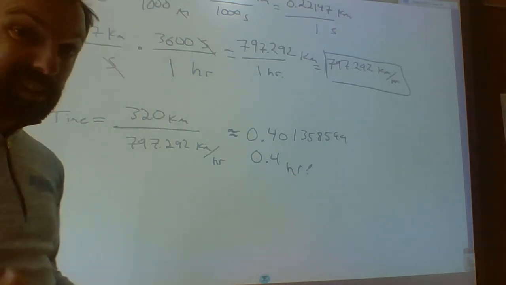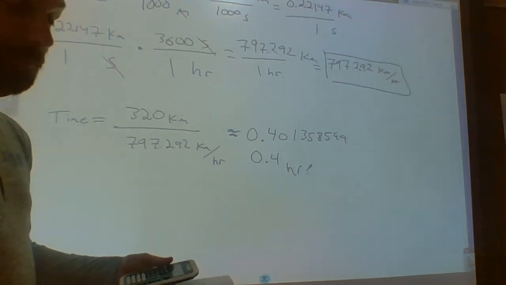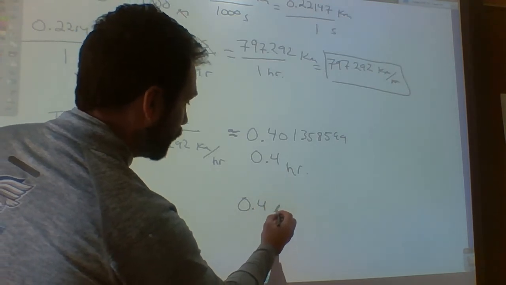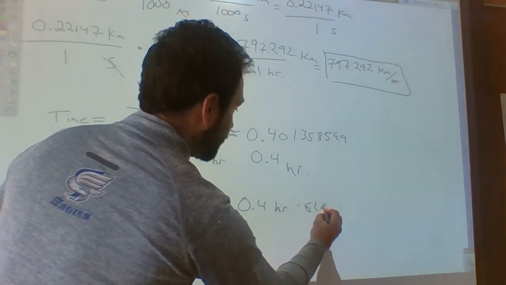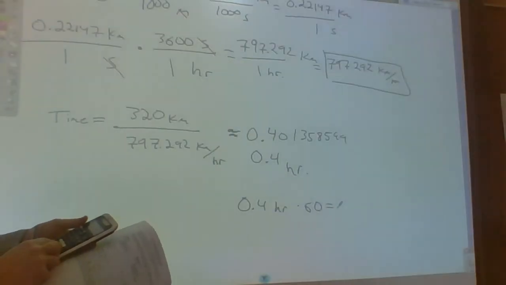Okay, so it's a little less than half an hour. We say, well, you got 0.4 hours. Maybe we'll change that to minutes. We can say 0.4 hours, we multiply that by 60. That's going to give us our minutes. 0.4 times 60.